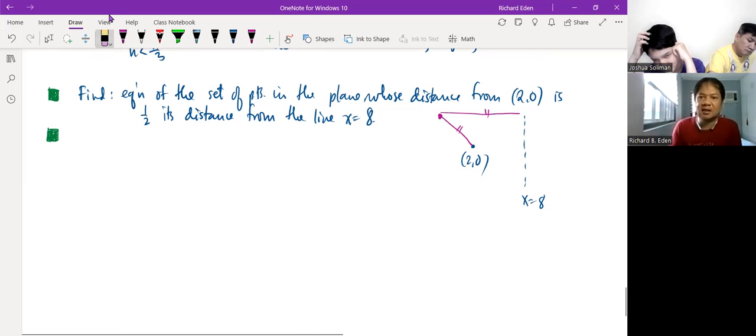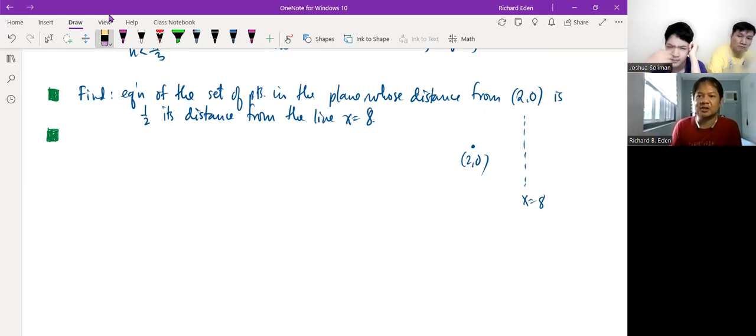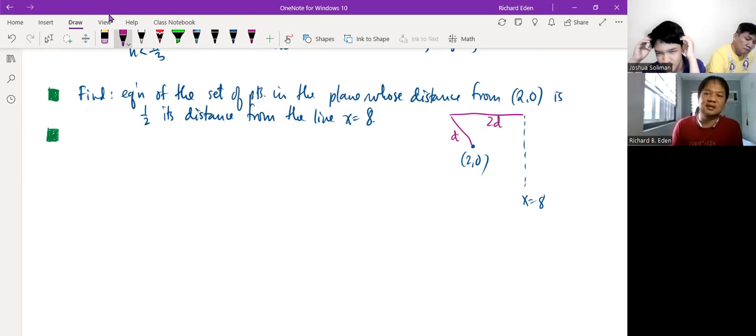But this time, we're not looking for equality of the distances. If the distance is d, then the distance from the line is going to be twice that. Interesting, but also kind of sussy.